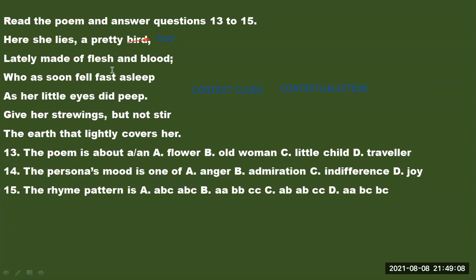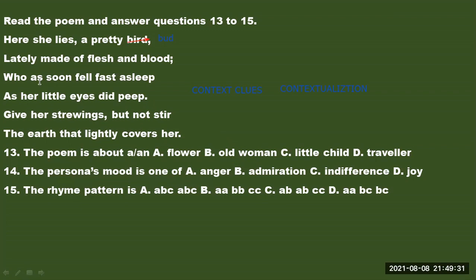Now, lately made of flesh and blood. Lately here means recently. So we can't say that an old woman is just a recent creation, because she has come into being and has lived for a reasonable period of time before we can describe her as old.